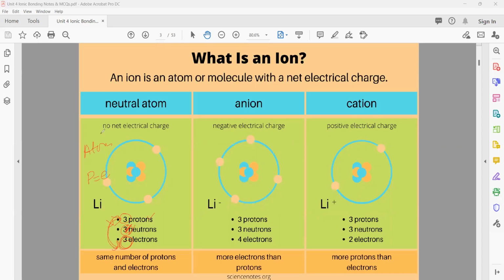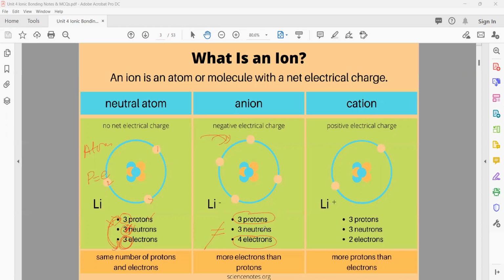Okay. Now, if you see the next one, for example, if lithium takes one more electron, before you have 1, 2, 3. Let's say one electron comes from outside and comes to the lithium. So now how many electrons? 4. And how many protons? 3. Now they are equal?